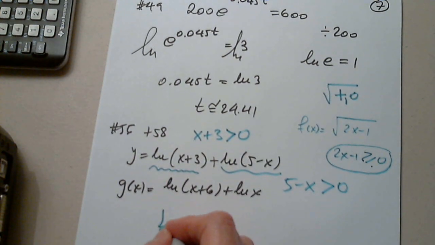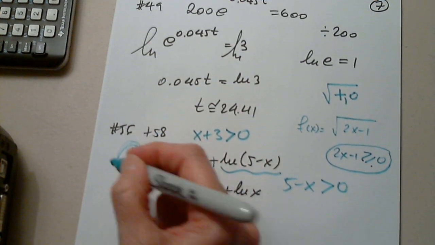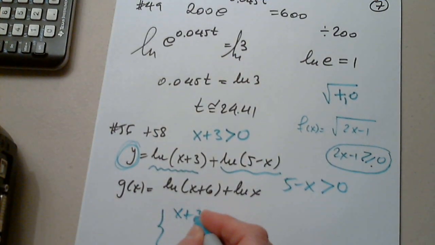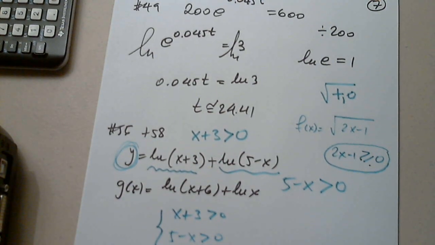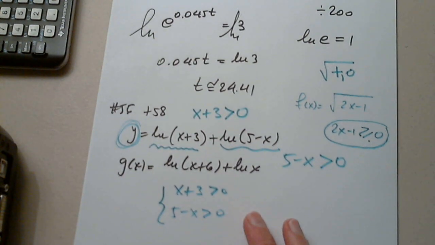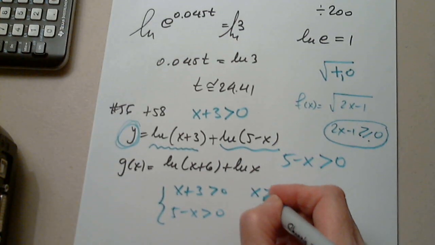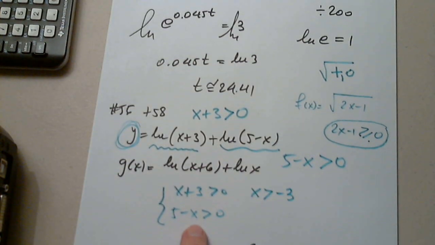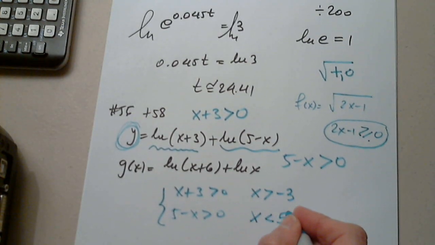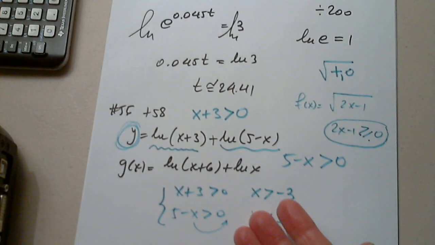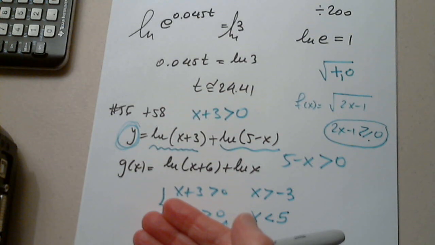So I have to put these two together for this function. I have to write x plus 3 strictly greater than 0, and 5 minus x strictly greater than 0. So this means x greater than negative 3, but careful. This means x less than 5. When you move x here, x less than 5.